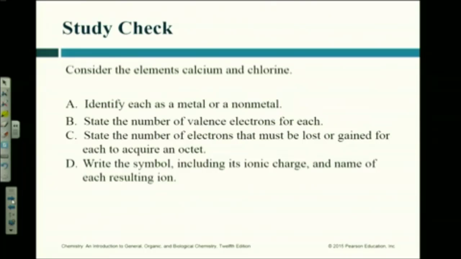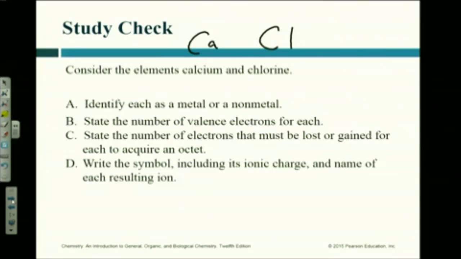All right, let's think about these 2 elements right here. Calcium and chlorine. Let's write them up here. Is calcium a metal or not a metal? It is a metal. How do you know that? It's in group 2, on the left-hand side of the periodic table.